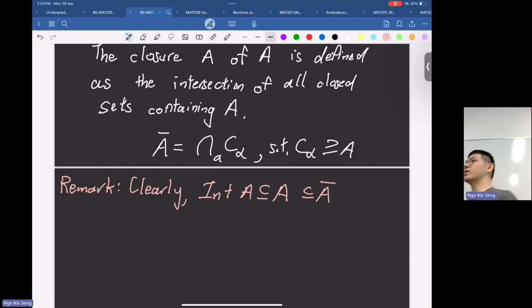What is the interior of A? The union of everything that's a subset of A. So if all the O alpha are in A, their union should be in A as well. How about A bar here? It's the intersection of closed sets that contain A. In particular, all the closed sets contain A, so A lives in every closed set. Does that make sense?